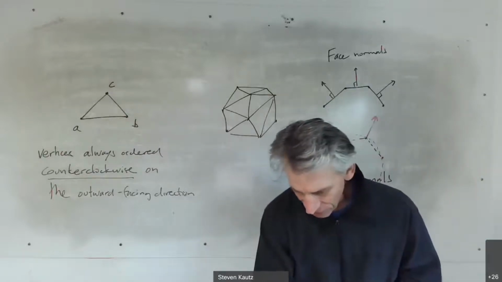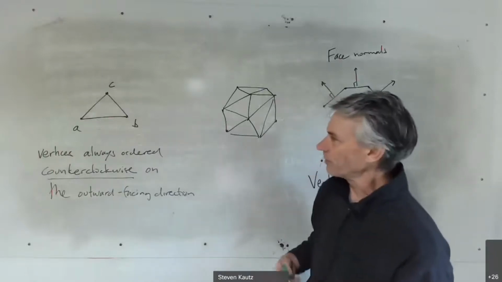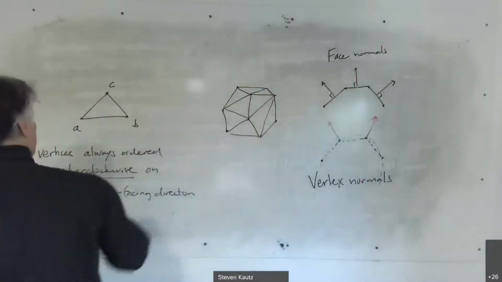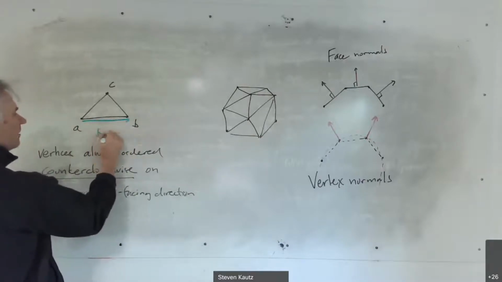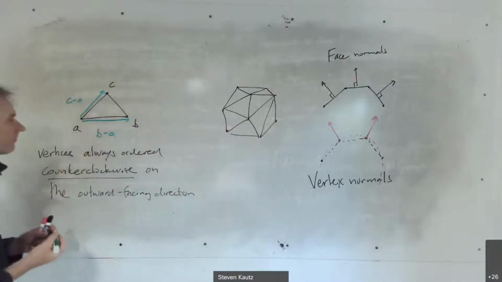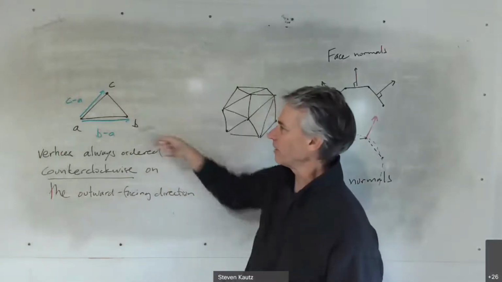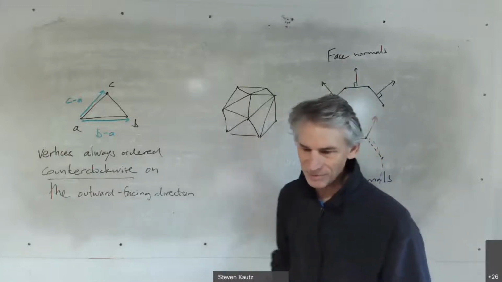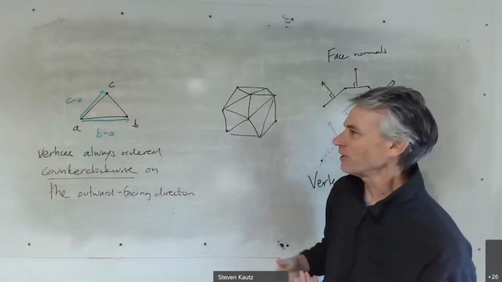So it turns out to be easy if you have three vertices in space, three triples of floating point numbers, to find a face normal, because you can just imagine you've got two vectors, namely B minus A and C minus A. And you know what to do next, right? If you have two vectors that lay on a plane and you compute their cross product, you'll get a vector that is orthogonal to that plane. And the only trick is, which direction do we compute the cross product?